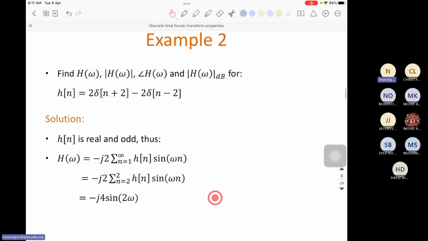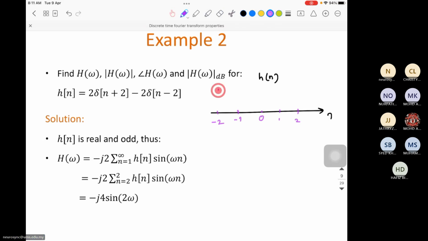Similarly, can you try this example? Now here, if you plot this, I have n, and this is suppose h of n. This is 0, this is 1, 2, minus 1, minus 2. At n equal to minus 2, I have 2, and at n equal to 2, I have magnitude minus 2 here.